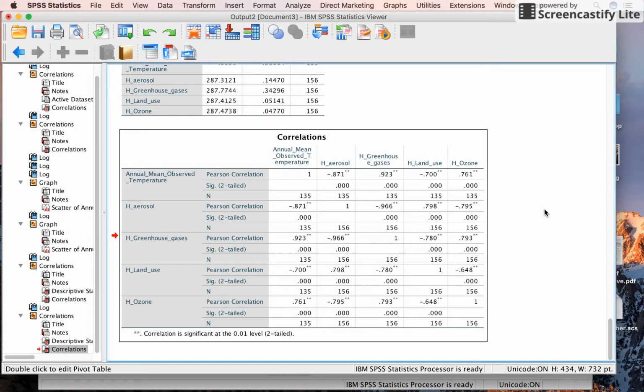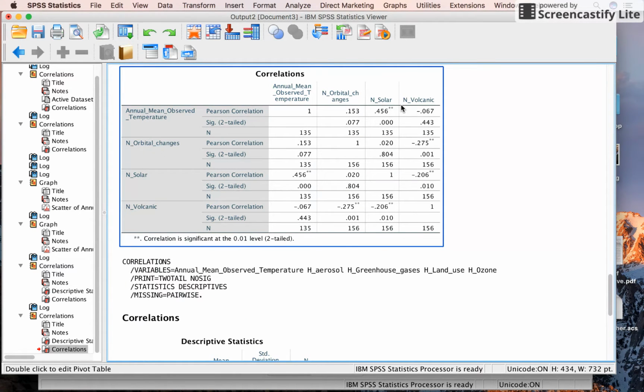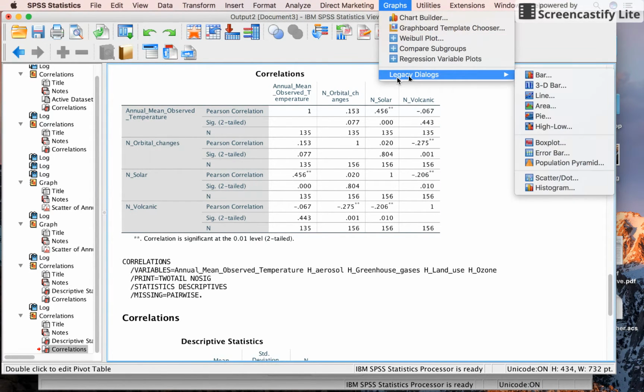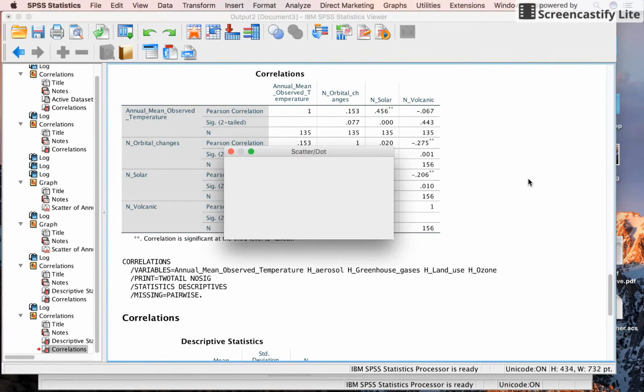So let's plot a couple of these to see what these relationships look like in a scatter plot. Let's start with the significant one that we got from the natural factors. So we go Graphs, Legacy Dialogs, and then choose Scatter/Dot.